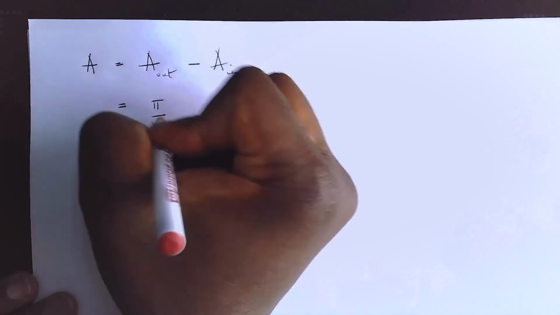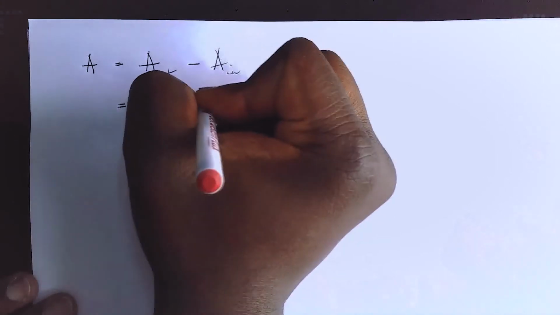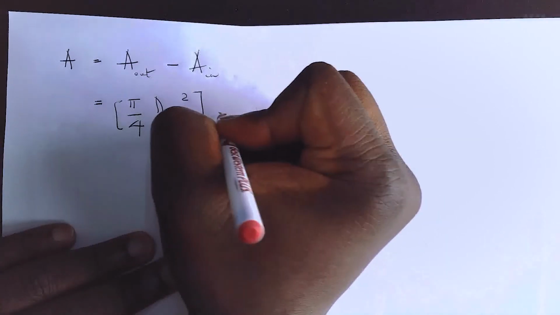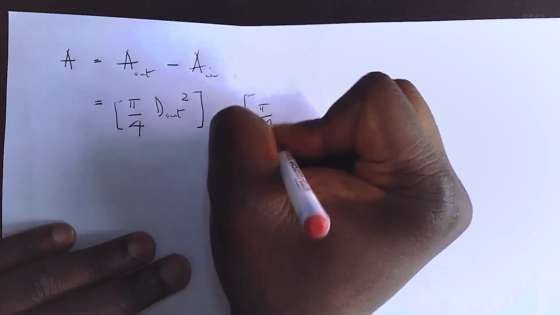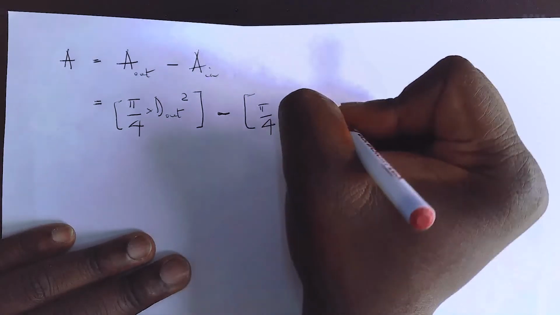Using the engineer's formula, we've got pi over 4 d out squared minus pi over 4 times d in squared.